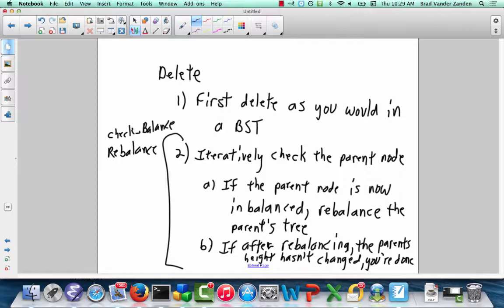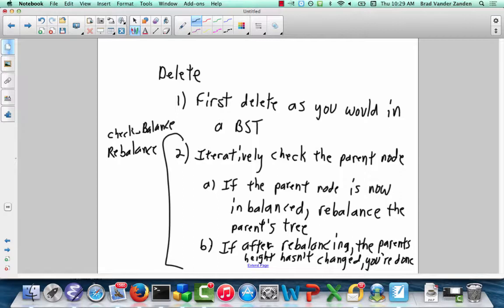Yes, Scott? So you say if the parent node is imbalanced, rebalance the parent tree. Mm-hmm. And then after rebalancing, if the parent's height hasn't changed, you're done. If it has changed, then you go back to the top. This is what I meant by iteratively check the parent node. So do you go up to the parent's parent? Yes, the parent's parent.